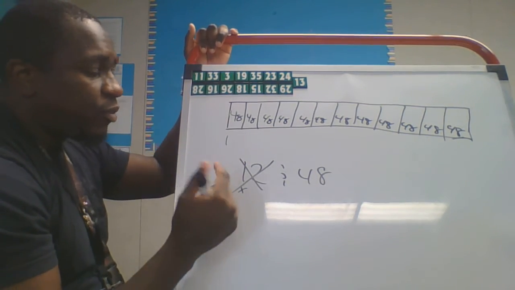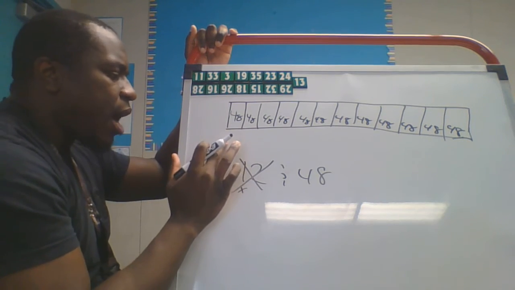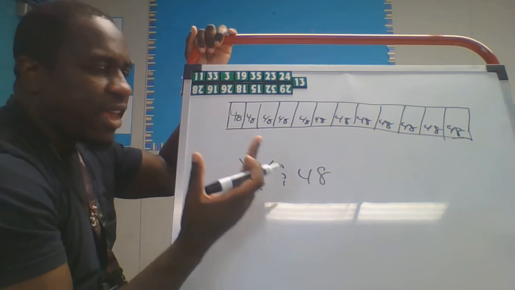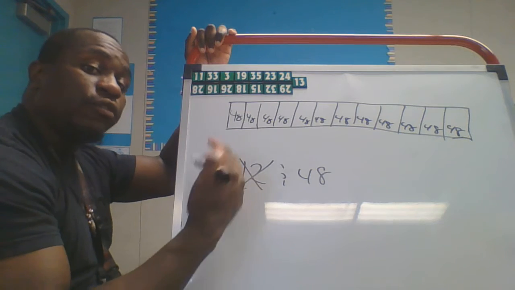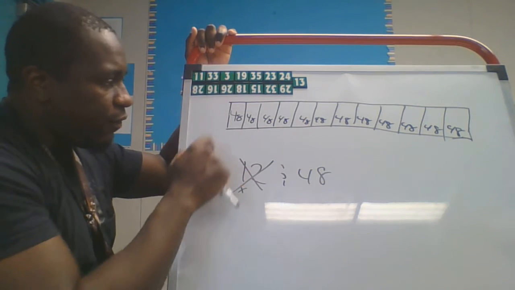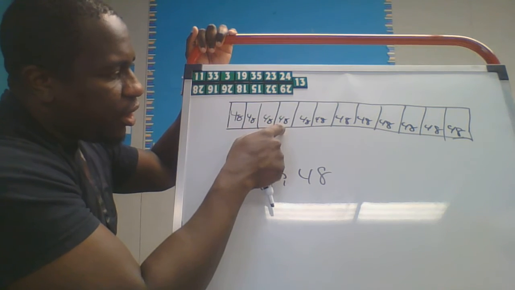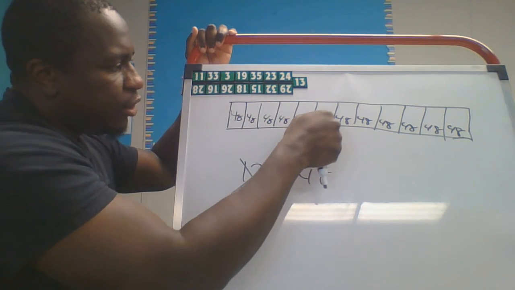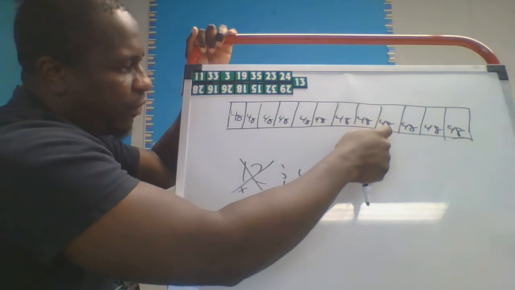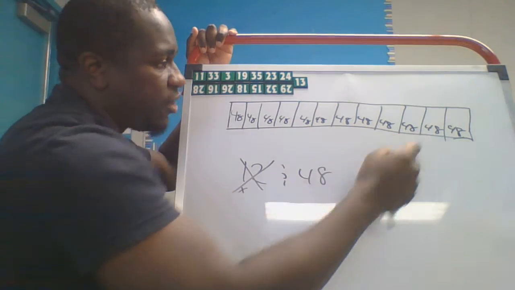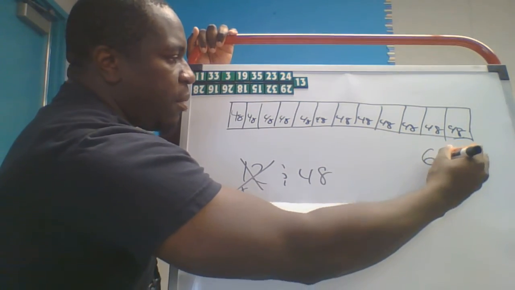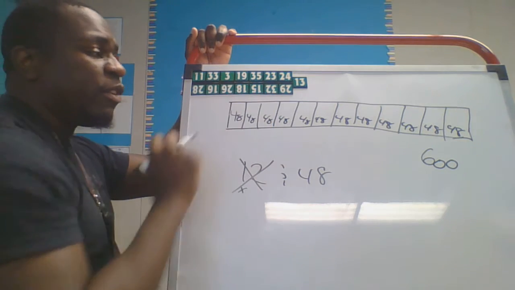Another thing you can do, because this is kind of an awkward number, 48, right? It doesn't add that evenly. We know that a close friendly number is 50. So I could go 50, 100, 150, 200, 250, 300, 350, 400, 450, 500, 550, 600, right? But it's not supposed to be 50. It's supposed to be 48.